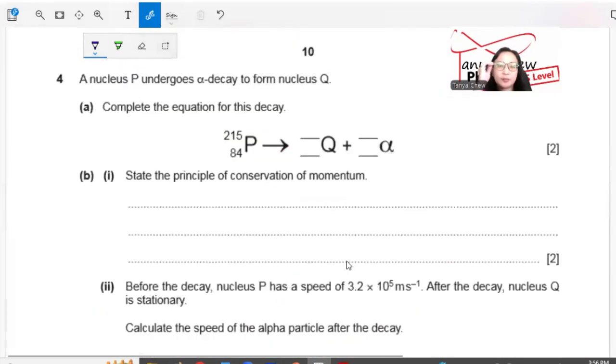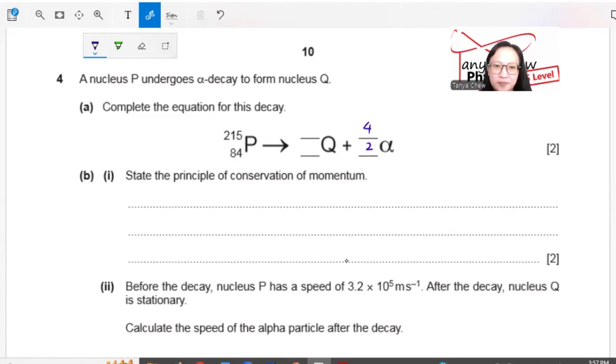Now, question number 4. A nucleus P undergoes alpha decay to form nucleus Q. A, complete the equation for this decay. Alpha, you have to understand, alpha is helium nucleus. Helium nucleus is 4,2 He or 4,2 alpha. And then all you need to do is just to balance the nucleon number and the proton number.